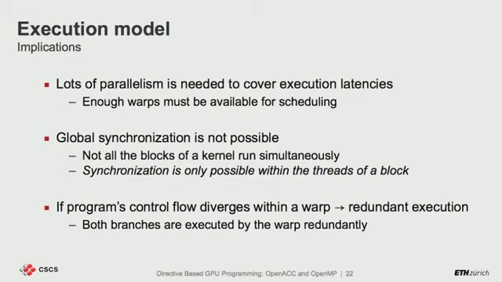So why is this needed? It might sound a bit strange, but this is the requirement for having a very, very fast context switch. Because if I had to kick out a block and bring in another one, I would have to store the registers somewhere, bring the other registers in, and do all the things that a normal CPU does. And you don't want that. So every core has all its resources on the SM.